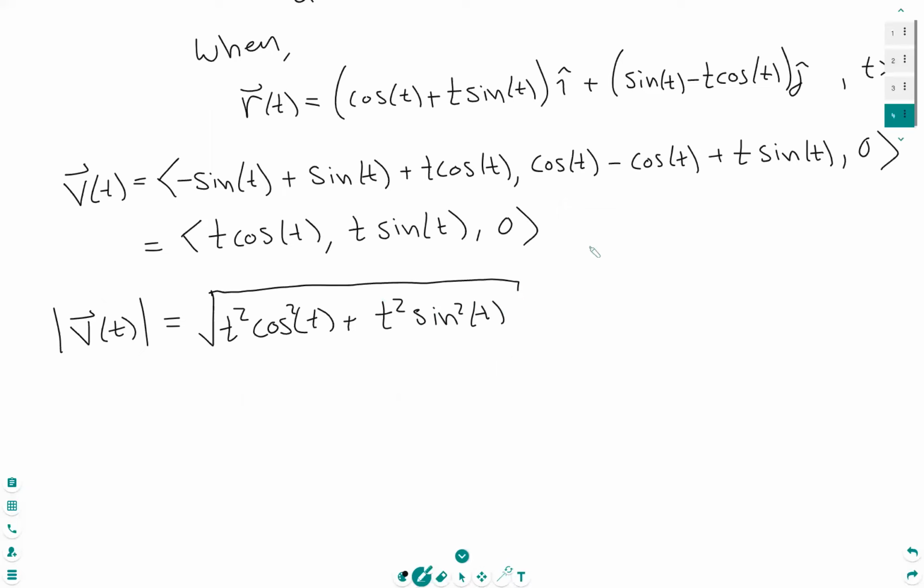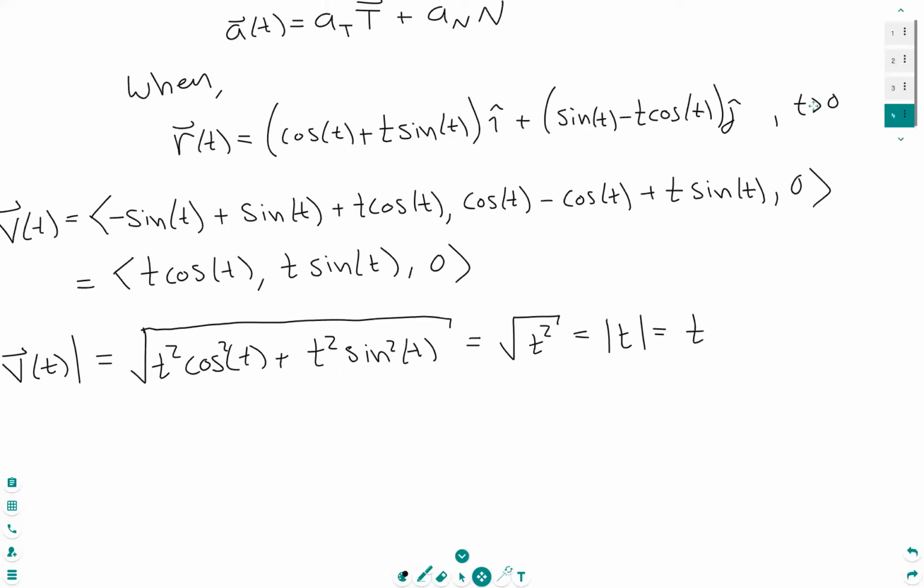This is equal to the square root of t squared, which is equal to the absolute value of t. But since t is always positive, this is just equal to t. Right? That's why we threw in this little tidbit here, that t has to be positive.